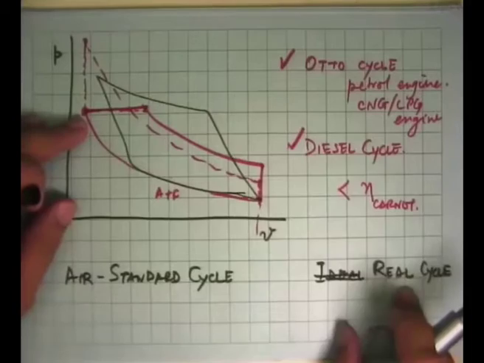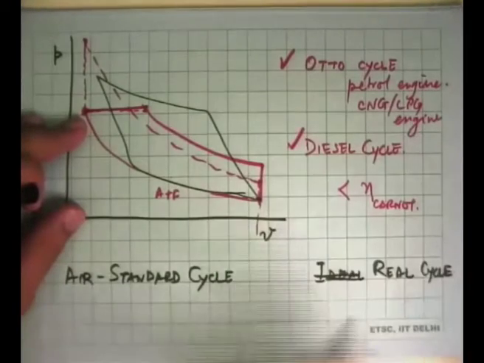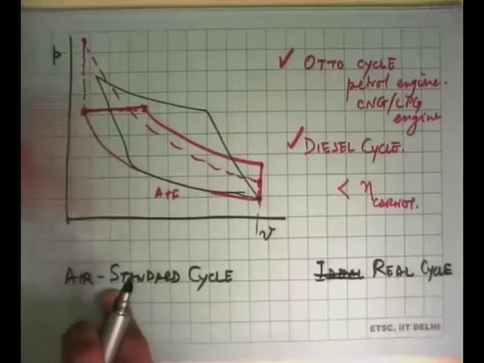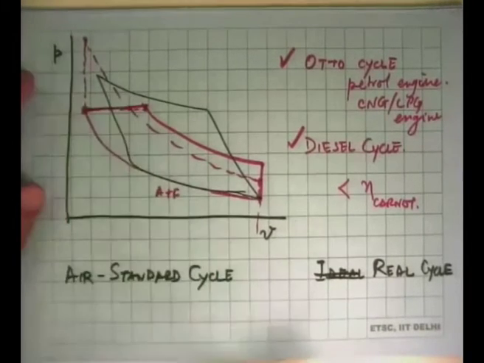The real cycle is complicated and the subject of higher courses and practical engineering, but this is the beginning point by which we start getting qualitative ideas about what happens here.